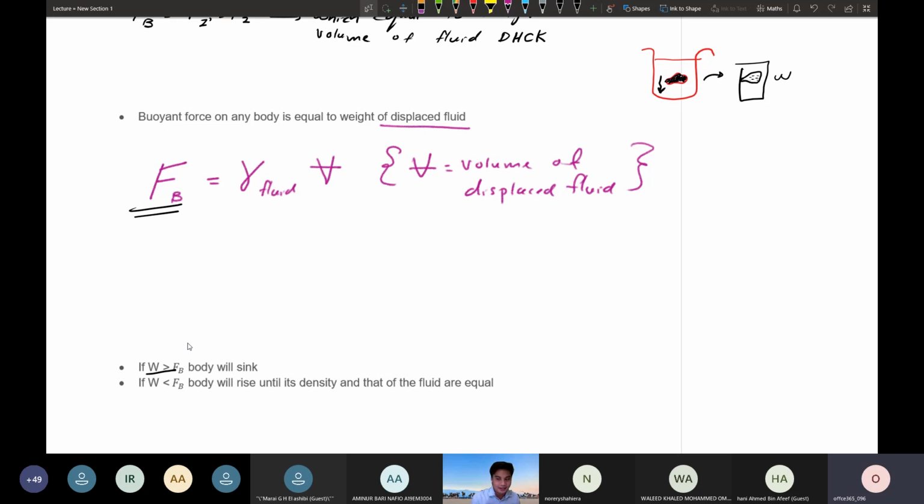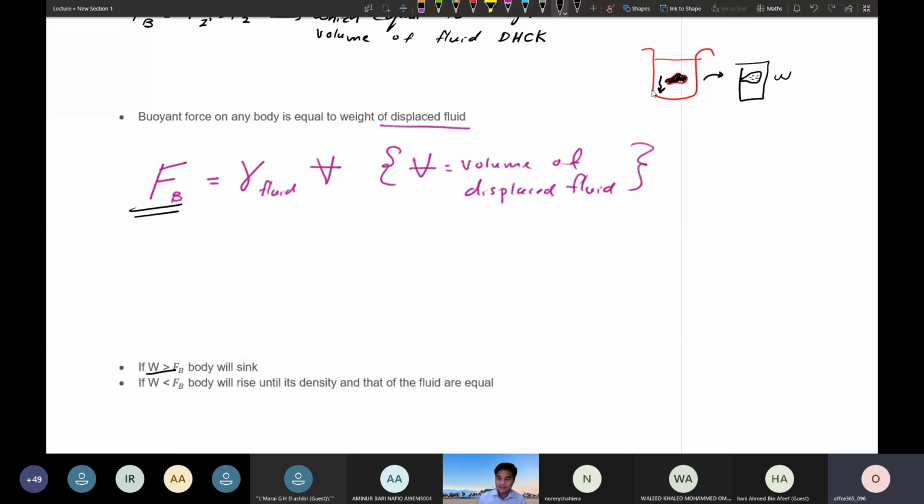For example, something light, like a piece of wood or a leaf. What about a density which is less than the density of water? Like oil.